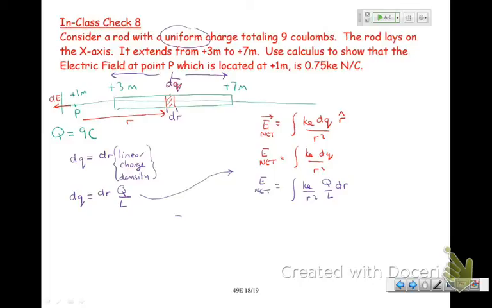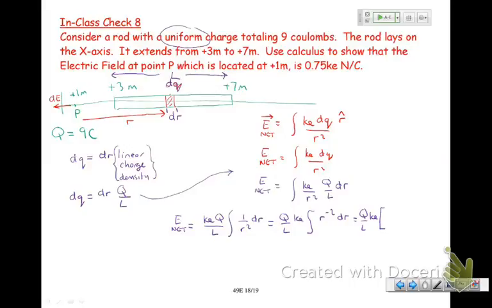So now E net is equal to, let's take out all the constants, k_e Q over L. Let's leave behind everything that's not a constant, 1 over r squared dr, which equals Q over L times k_e, just to make it look a bit nicer, and that's the integral of r to the minus 2 dr.